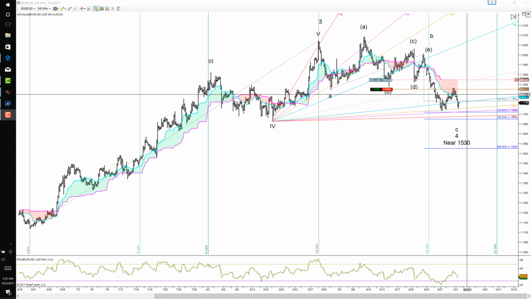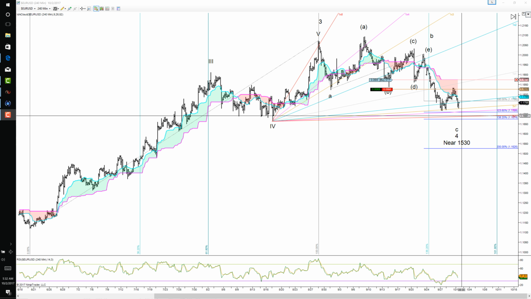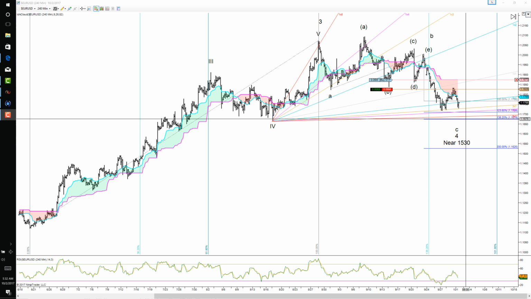I'm waiting for it to break 1700 for it to really be. I actually needed it to break 1675, and if it broke 1675, this is actually a key sell signal.